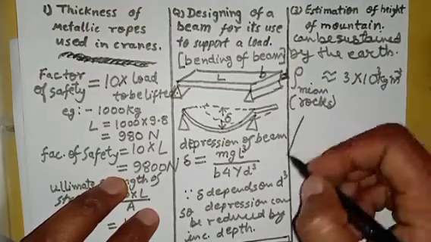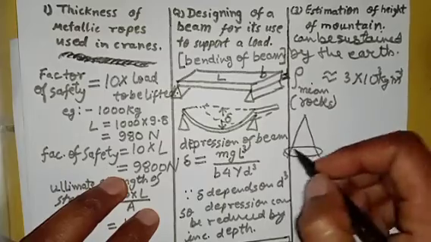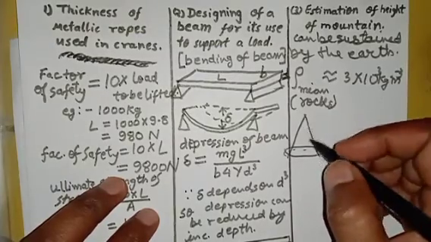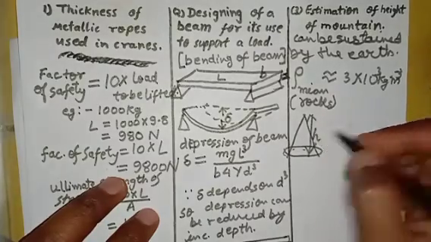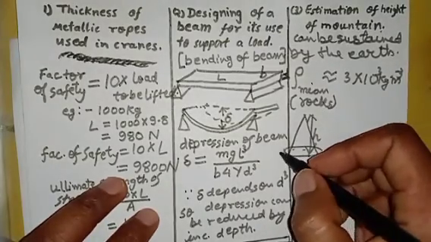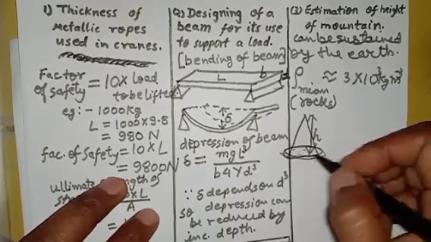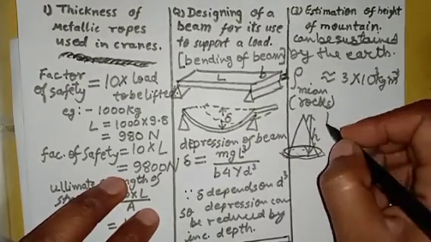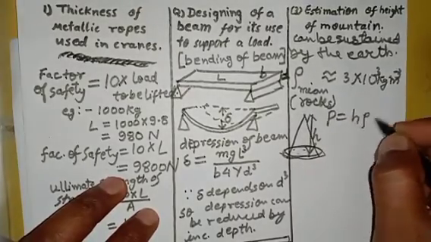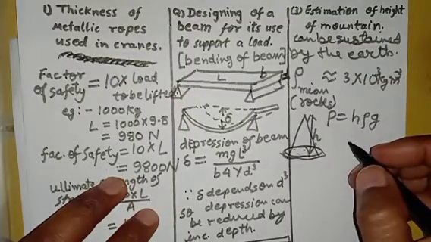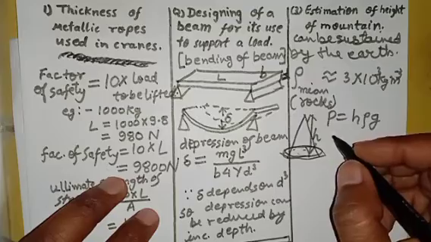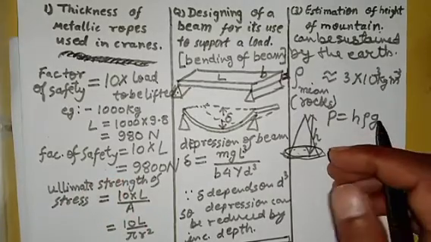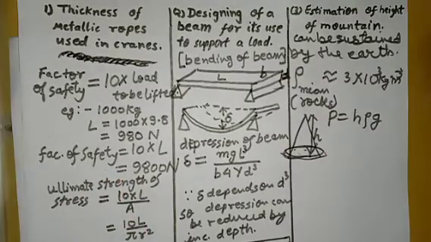So if there is a mountain, then we will consider the height of that mountain, and if that is h, then the pressure exerted at its bottom is given by h rho g. And we also have to find the ultimate stress.